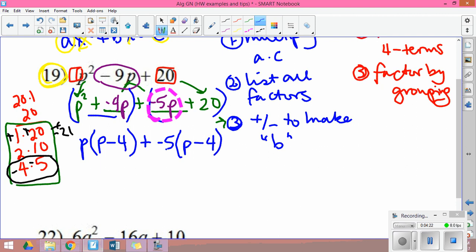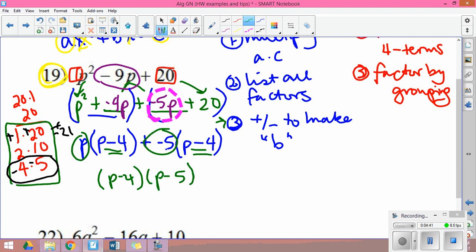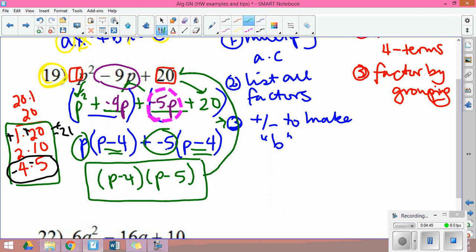If you forget to do that, the world doesn't end. You see how these match at the back like I want them to? You'll have the right numbers, wrong signs. Then you just go back out and you factor out a negative. So now p minus 4 is my greatest common factor, and that leaves p minus 5, or plus a negative. If you FOIL that, you will end up with this as your answer.